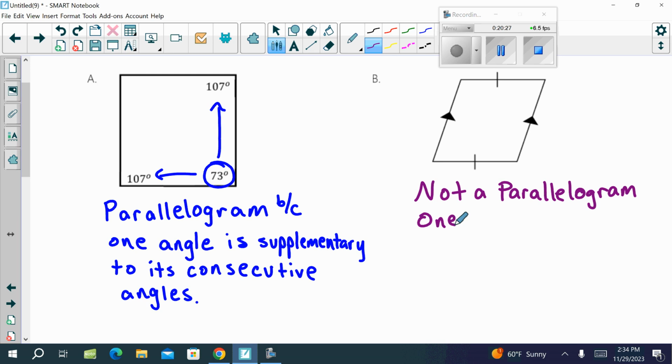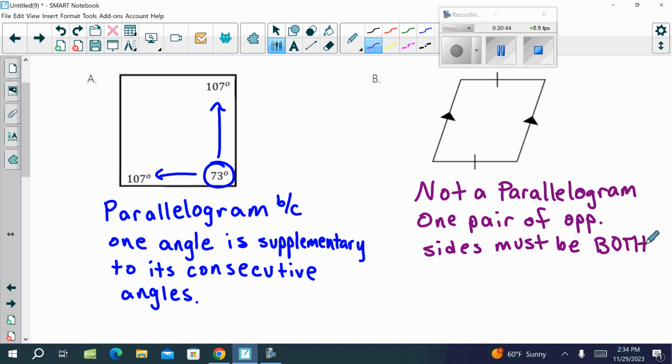So one pair of opposite sides must be both parallel and congruent. So you've got a parallel marking, you've got congruent markings, but in order for it to be a parallelogram, it's got to be on the same set of opposite sides. Does that make sense? Okay.